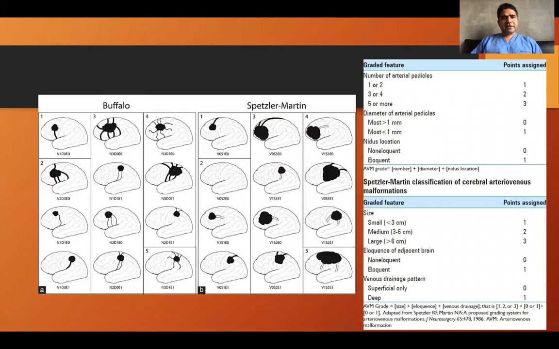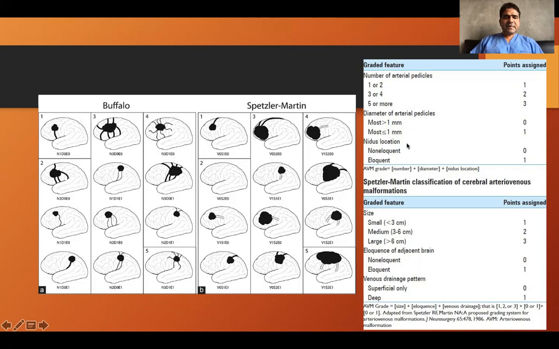The other classification is by Buffalo. This proposed grading system is based on the observed risk with endovascular treatment of AVMs. So you see there are 5 grades, grade 1 to grade 5, and they have classified as N, D, and E. N is the number of arterial pedicles, D is the diameter of the arterial pedicles, and E is eloquence.